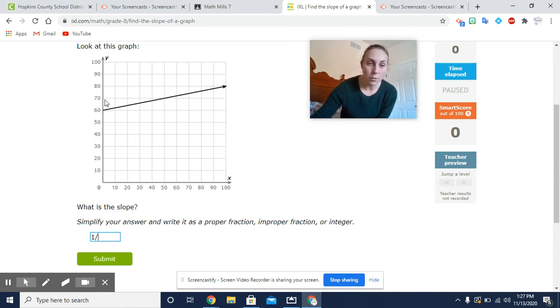So again, we rose up 1 time, and then we moved 1, 2, 3, 4, 5 times to get to this point. So our denominator is going to be a 5. Since this is a positive slope, because if we had a man right here, he would be walking up this slope uphill. So it is positive. So that means this fraction will be positive, and that is your slope.